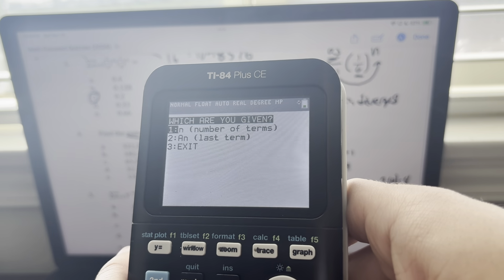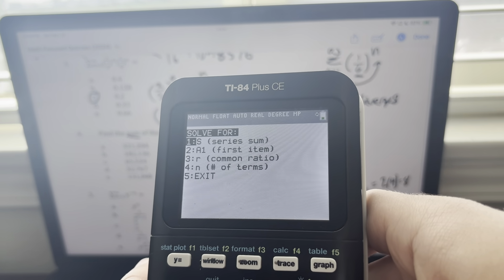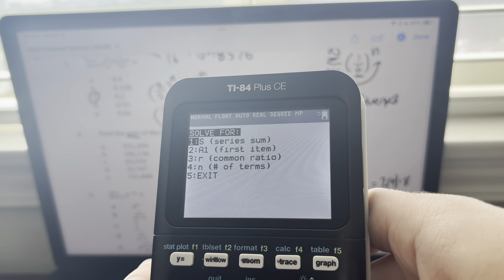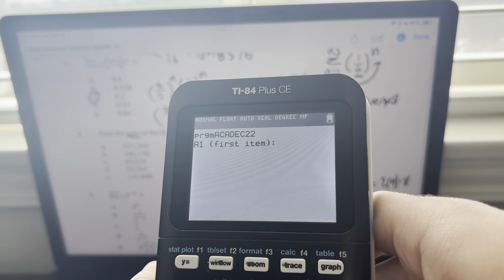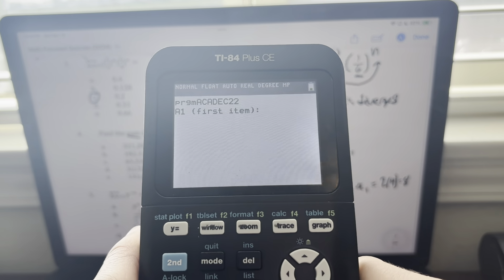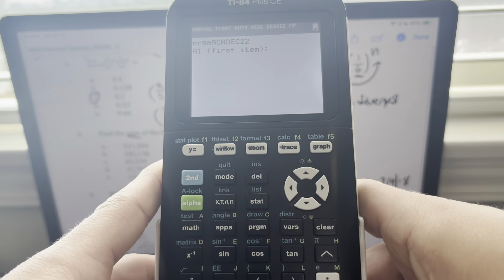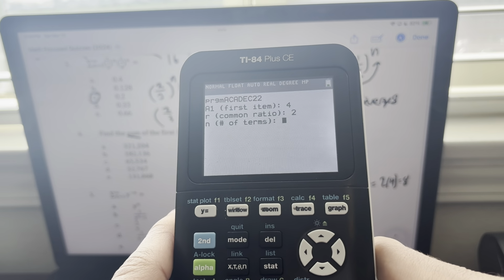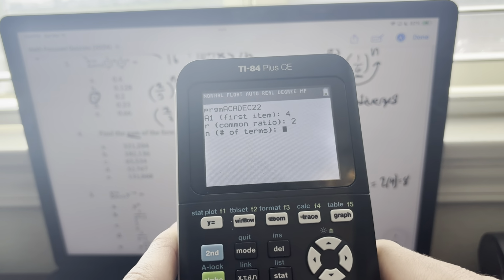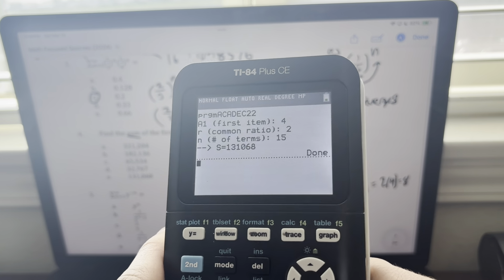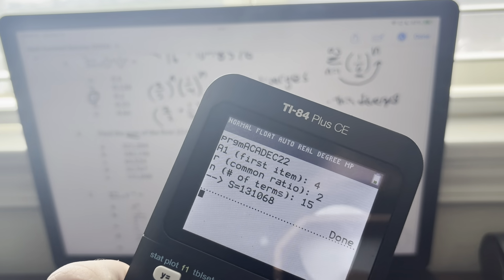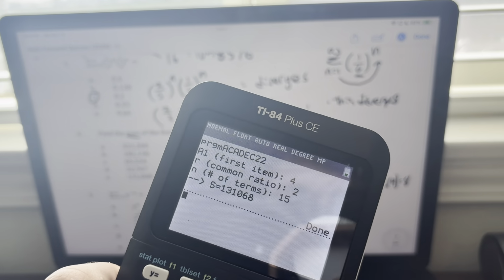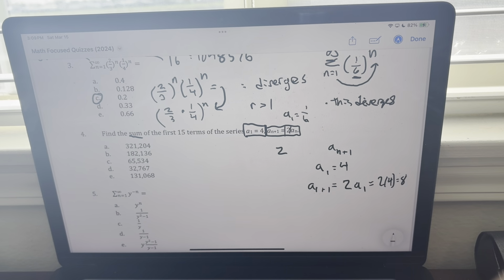You are given the number of terms, and you are looking for the series sum. So a1, the first item, is 4. The common ratio is 2. The number of terms is 15. And so we are then given the sum right here in our calculator, and that is 131,068, which is correct.